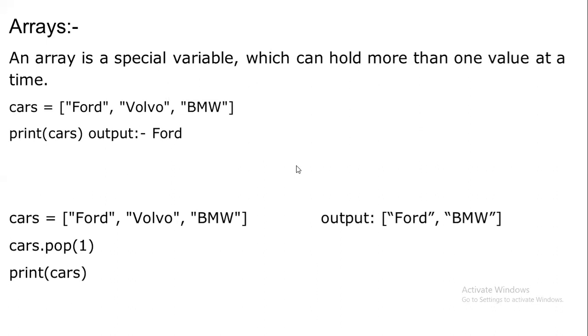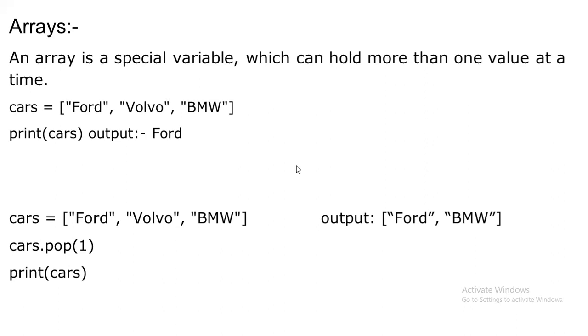So print cars, output is Ford. Why? By default it is taking 0 index. Cars Ford, Volvo, BMW, output is Ford, BMW. Why? We are doing pop 1. Pop is a method to take out. So which element should be taken out?